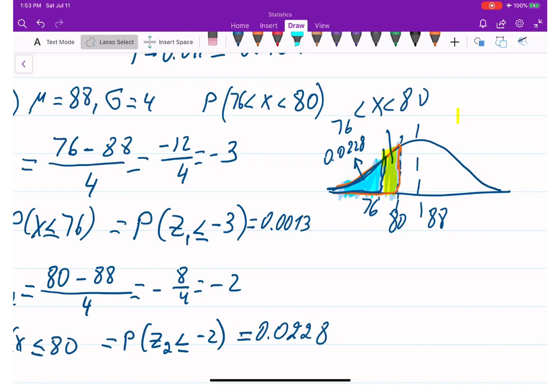Let me clean this. I don't need this here anymore. Okay, this will be better.